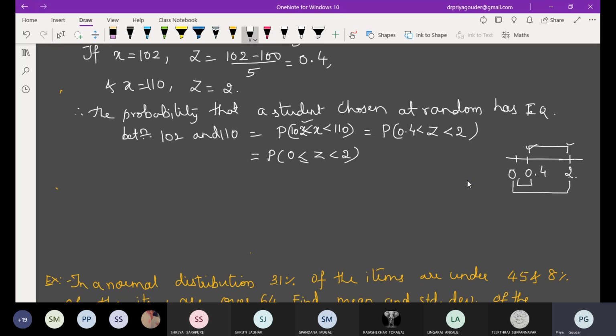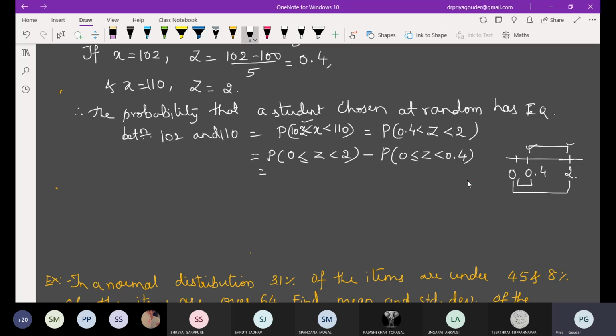Then what do I write, minus or plus? Minus probability of 0 to 0.4. If you take everything together, obviously you get 0.4 to 2 only. If you draw a line, this will give you a correct idea. Tell me the value now.